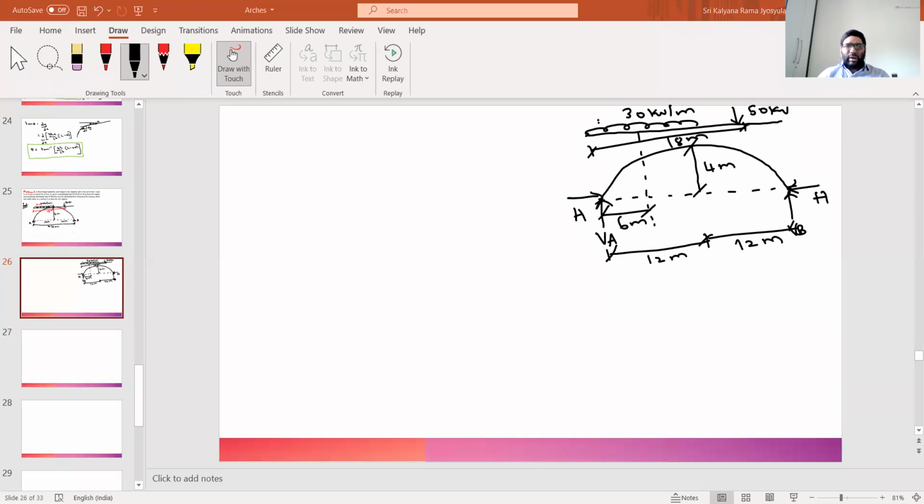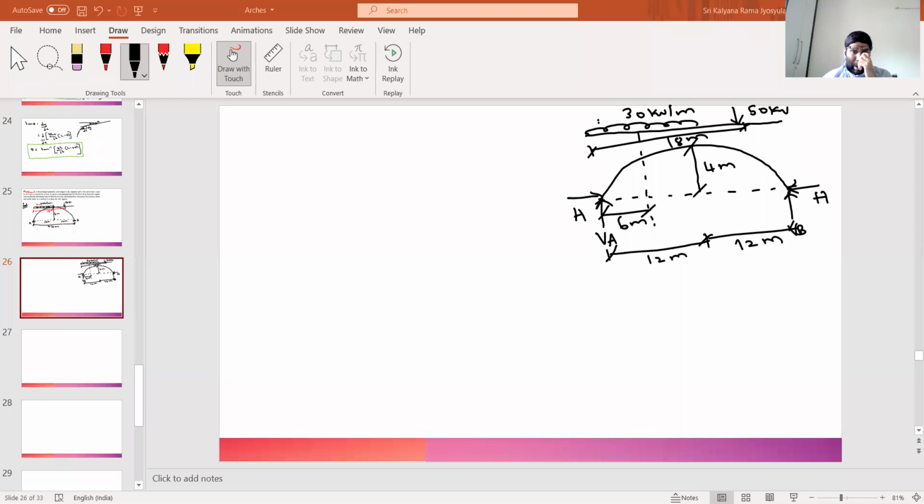So considering this, let us move forward. First of all, we need to calculate the reactions. To calculate the reactions, we need to take moments about B. Taking moments about B, the total span is 24 meters. There is a load of 30 kilonewton per meter at a distance of 12 meters from the left hand support. Overall, it is spreading.